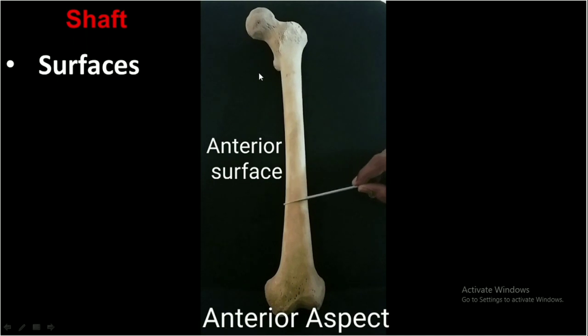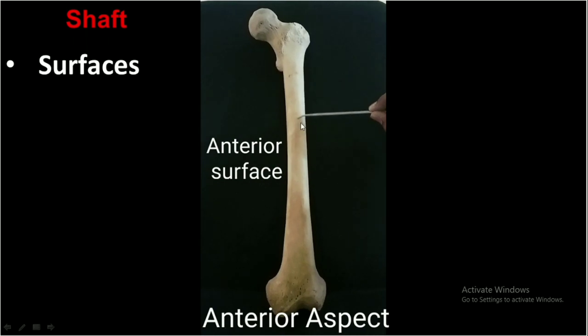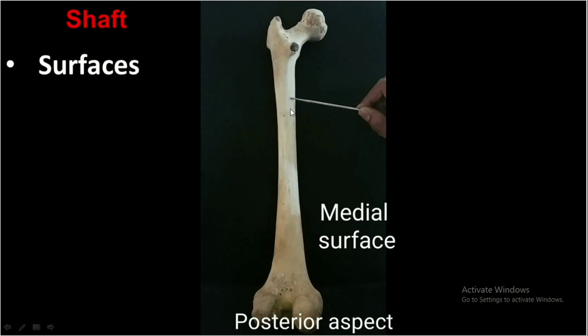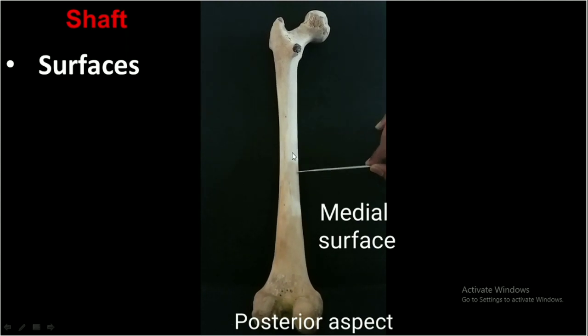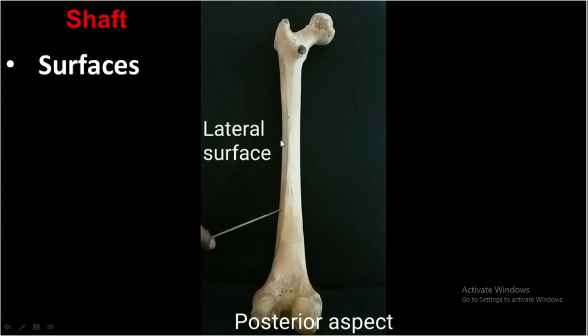Now we come to the surfaces. What are the surfaces? This is the anterior surface, present between the medial border and the lateral border. This is the medial surface, present between the posterior border and the medial border. The lateral surface is present between the lateral border and the posterior border.